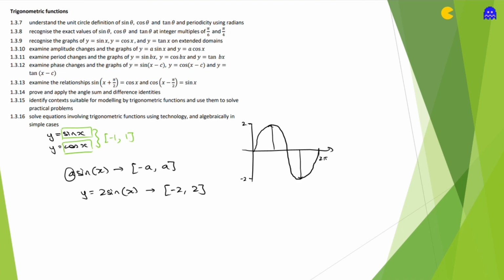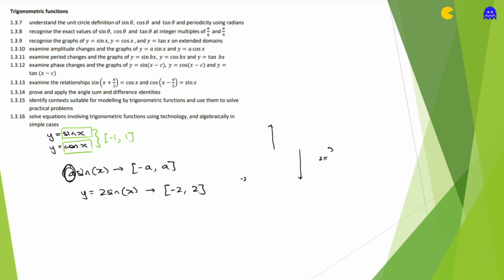More generally, our value a will change the amplitude of our graph by a factor of a. A graph of y equals a sine x will have amplitude a.